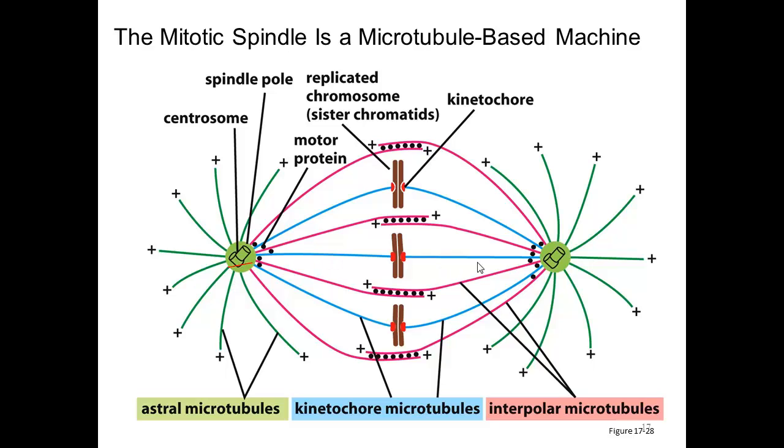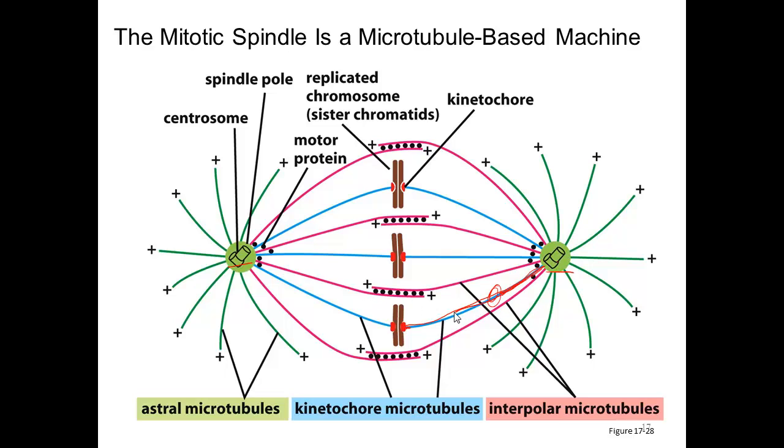Again, we have these duplicated centrosomes forming the overall structure called the mitotic spindle. It shoots out a variety of different microtubules. There are the blue kinetochore microtubules, which will attach to the kinetochores. For chromosomes that are initially closer to this centrosome, just simply by chance, they will get connected to a microtubule from the closer spindle pole.